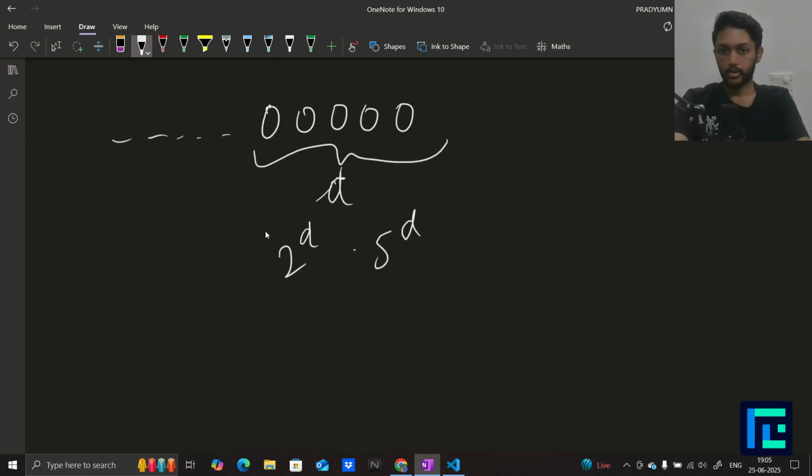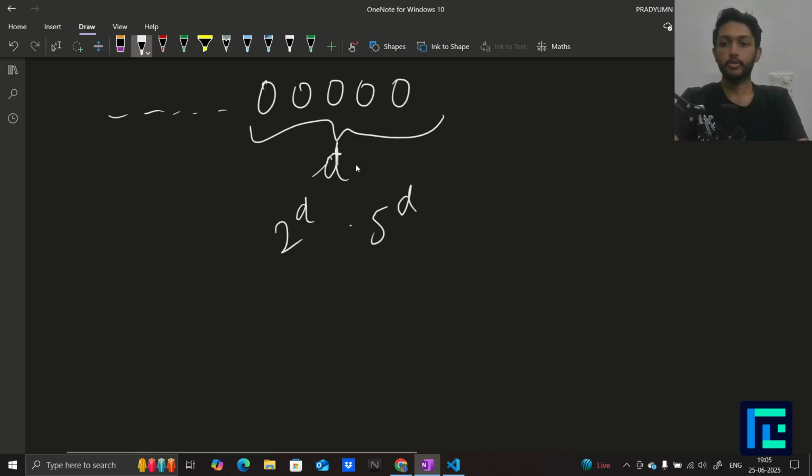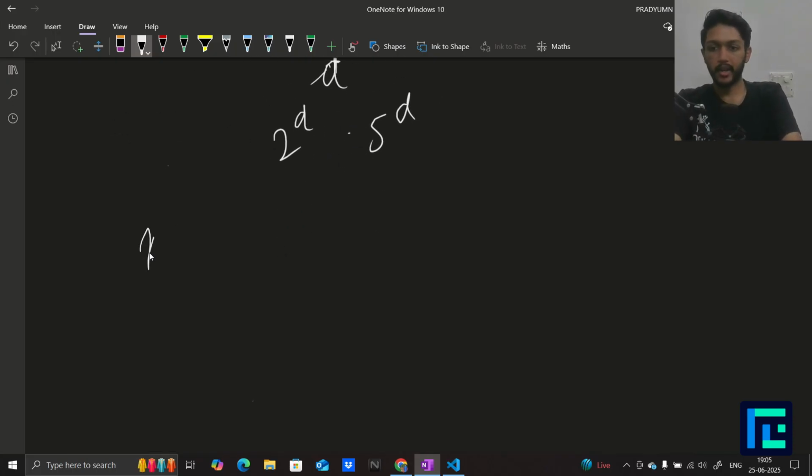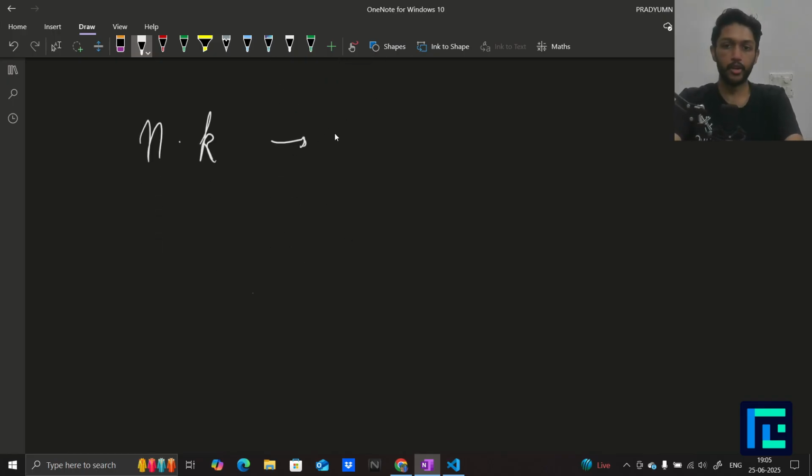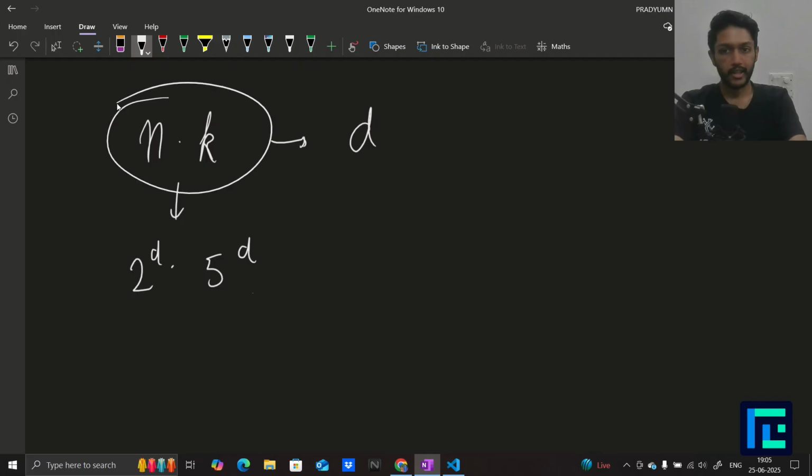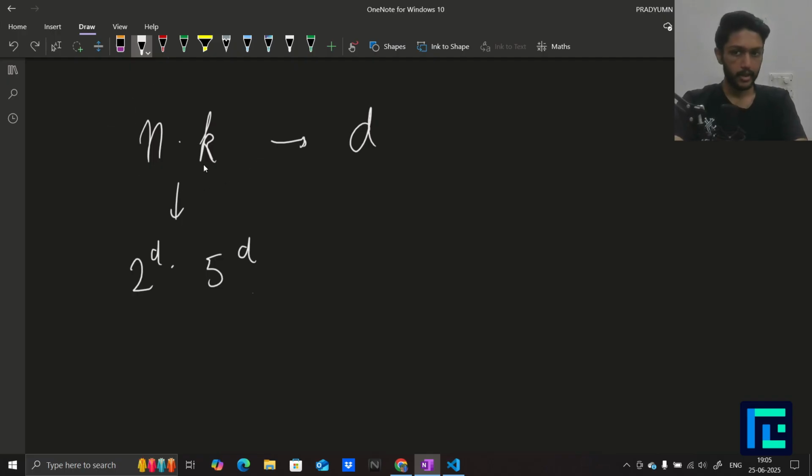Okay, so that is one thing that is very clear to us. Basically, in my n into k, let's say I want the number of trailing zeros to be d. So in that case, I will have to have at least d powers of 2 and d powers of 5 in this n into k number, right?